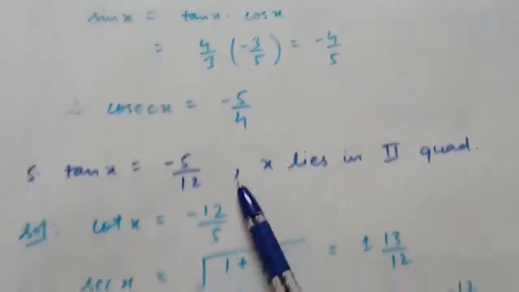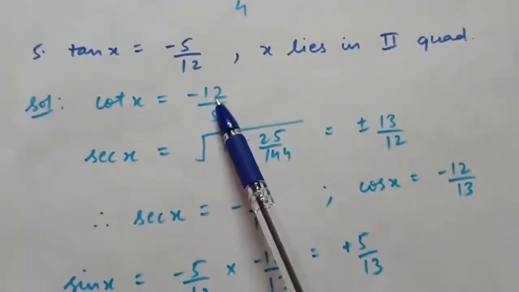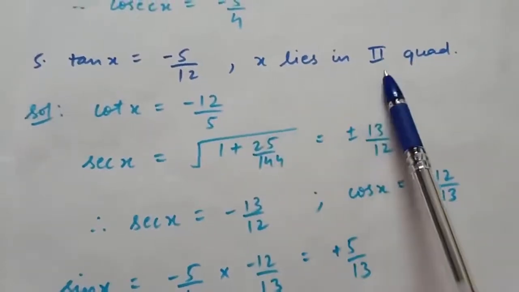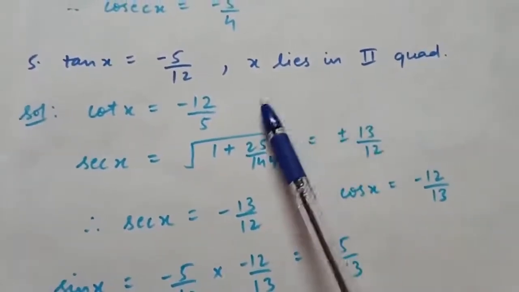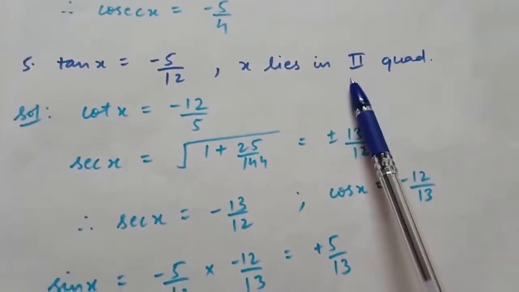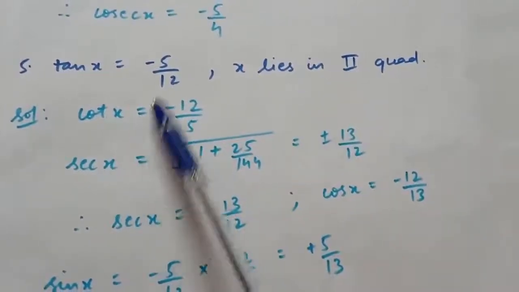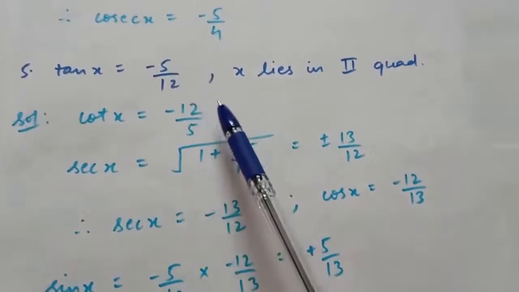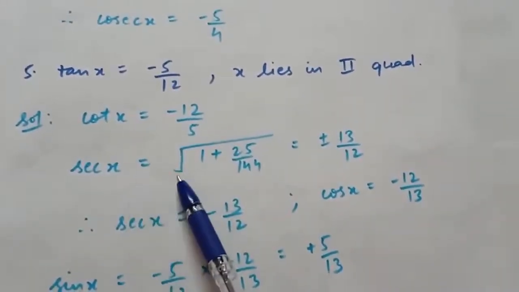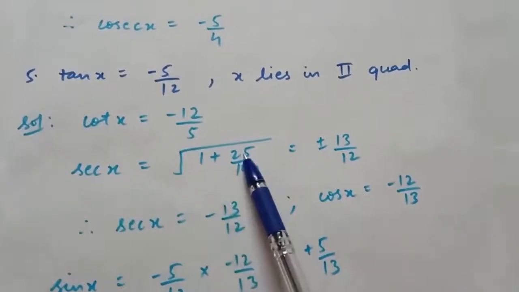Now question number 5th, tan x is equal to minus 5 by 12, x lies in second quadrant. In second quadrant, sin and cosecant are positive. Cot x will be reciprocal of tan x, minus 12 by 5. Secant x will be root of 1 plus tan square x.